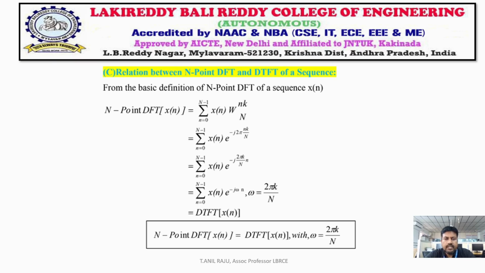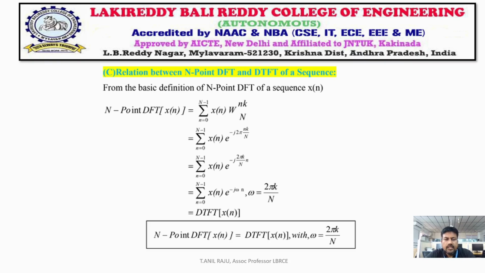By expanding the twiddle factor, we get e power minus j 2 pi nk by capital N. And here we consider the term omega, which is an angular frequency, with the value 2 pi k by N. If you replace it with omega, that means summation n equal to 0 to N minus 1 of x of n e power minus j omega n.